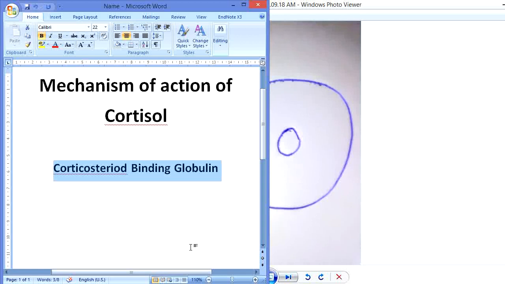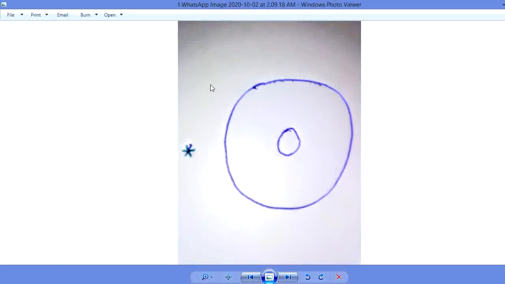Corticosteroid binding globulin is responsible for combination with the cortisol, and it transfers the cortisol to the site of action. So this corticosteroid binding globulin will move it towards the capillaries, which are in proximity with the affected cells.